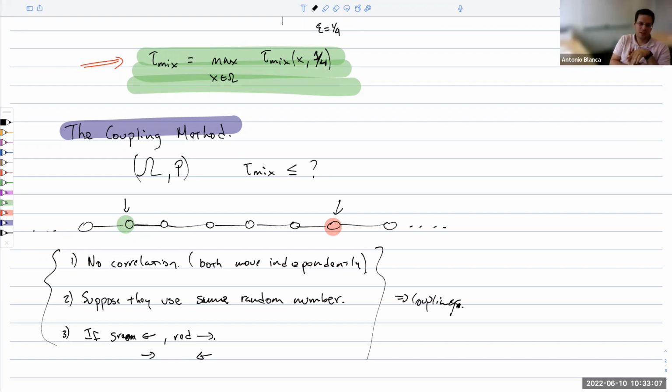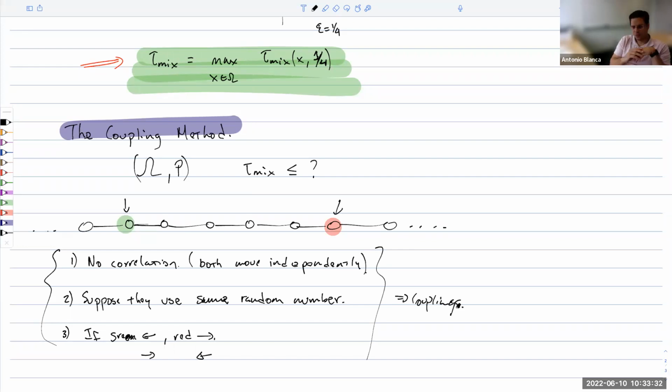So that's the whole method. You have your Markov chain, you decide how to coordinate the moves of the two copies, with the only restriction that each copy is a valid realization. After that, we try to bound the time it takes for the two chains to converge to the same state. Once that happens, that time gives you a bound on the mixing time.